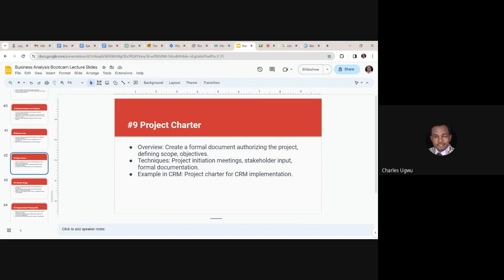Once the project charter is signed, it means that the project is officially approved and started, and the project manager can start spending resources on that project. So you can create a project charter for the CRM implementation. It's just a very simple document, but it covers the project. It defines the project scope, objective, timeline, and stakeholders. Everything about the project is covered within the project charter.